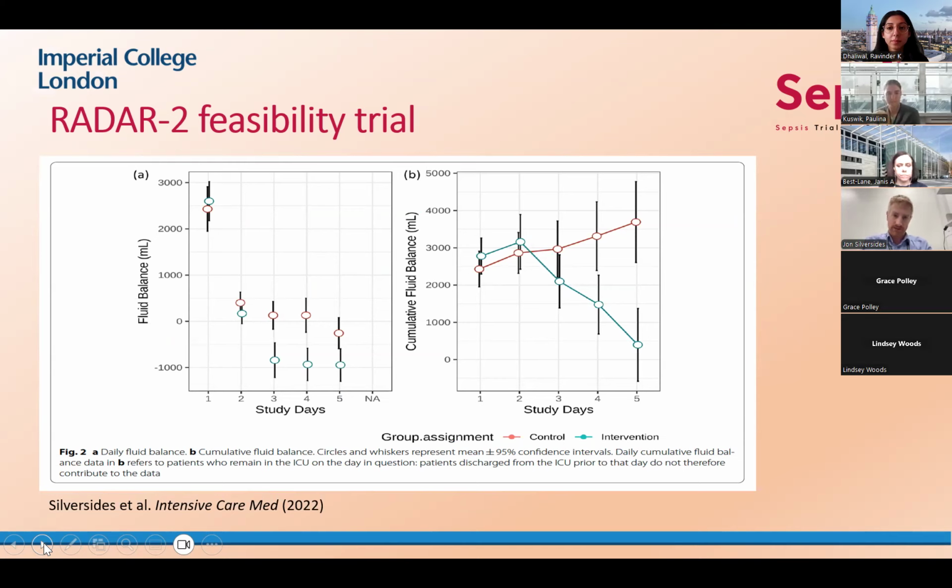If we look at that, the control group, the usual care group in that study, showed a gradual, slow accumulation of fluid over days, whereas the conservative group, we were able to reduce that fluid balance right down to nearly neutral by day 5.